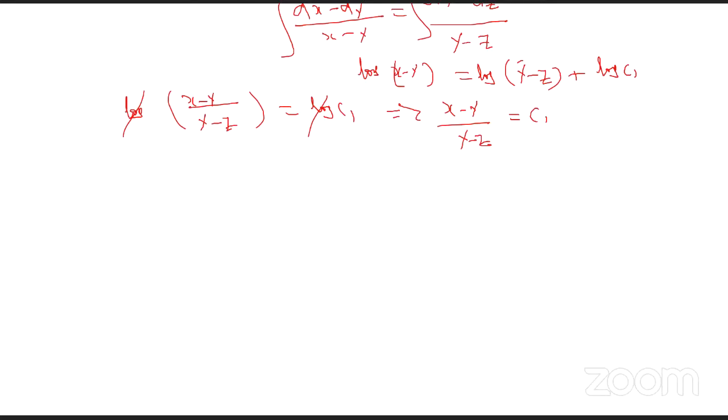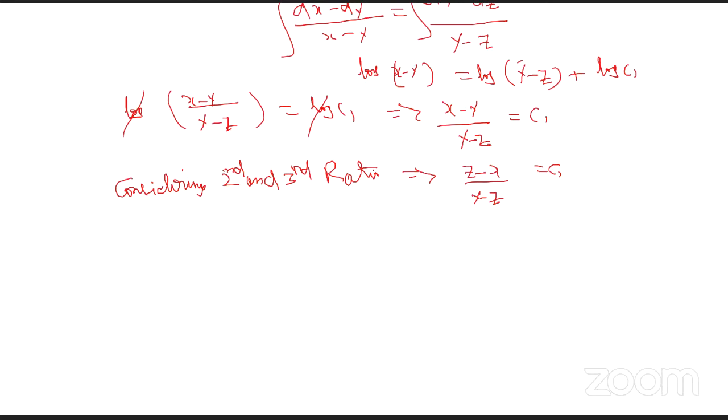Similarly, considering the second and third ratios and simplifying, we get z minus x by y minus z equals c2.